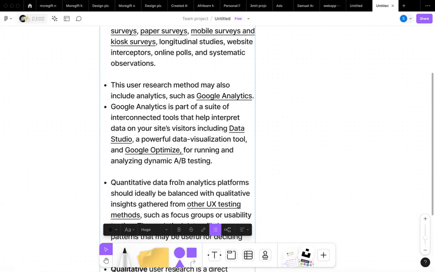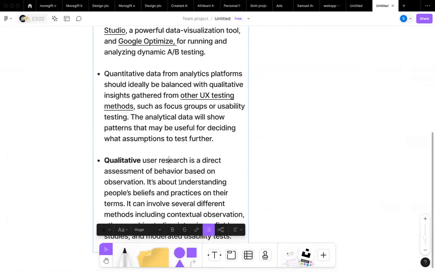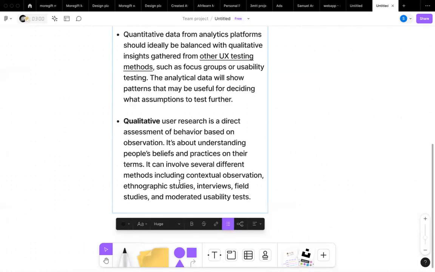because it is what gives you the insight as to what the pressure point was, the point or area of impact, the area of pain that the users are going through. So it's a direct assessment of behavior based on observation.